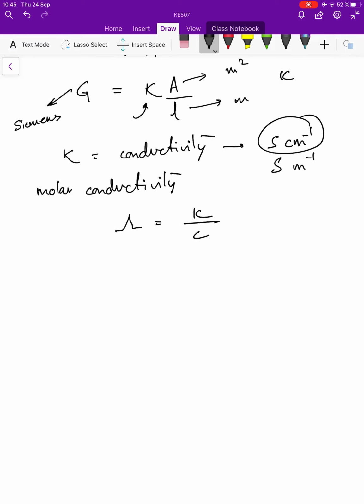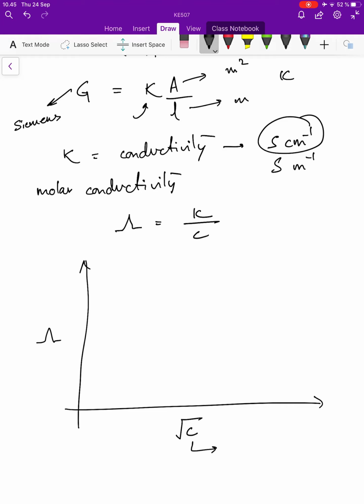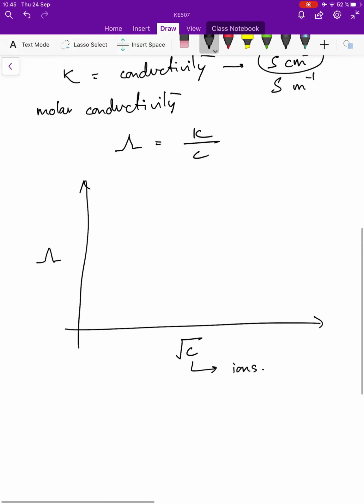All right. So if you empirically plot the molar conductivity versus the concentration, and here by concentration we are referring to the concentration of ions in solution or concentration of the electrolyte, then for strong electrolytes which ionize a lot in solution, it is empirically observed that this follows a straight line and that the molar conductivity decreases with concentration.